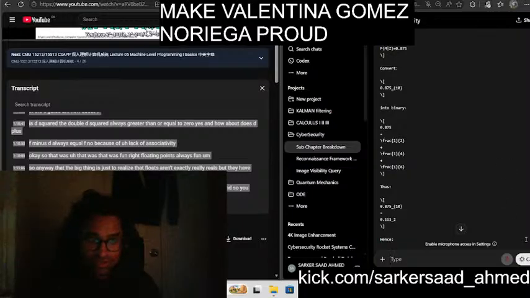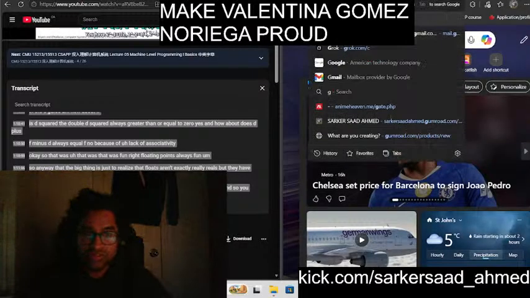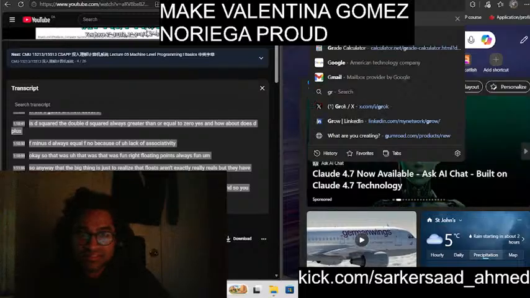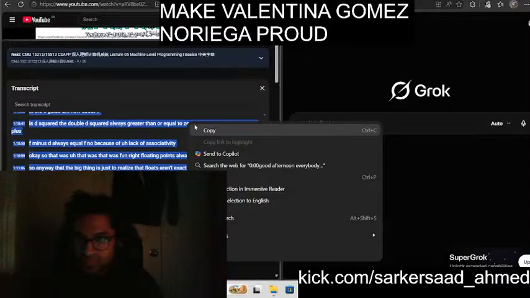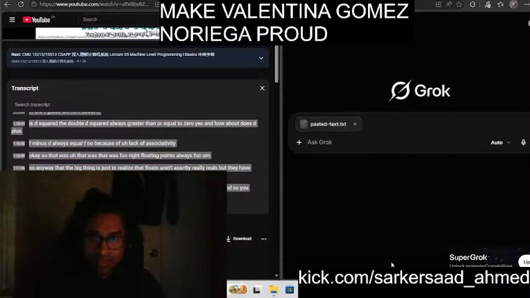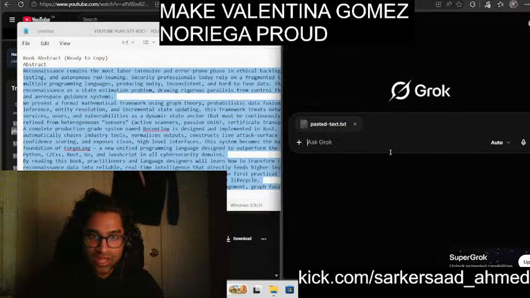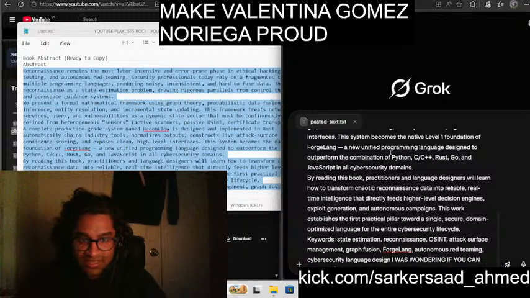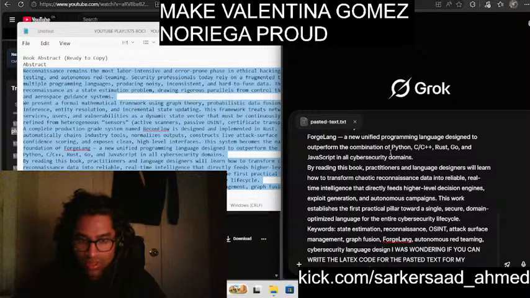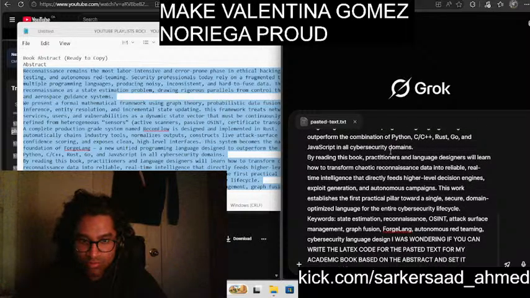So I'm going to ask Grok. All I'm going to do is ask Grok. The best thing you can do, ask Grok. So this is my abstract. I was wondering if you can write the LaTeX code for the pasted text for my academic book based on the abstract and set it as chapter 1.2.1.